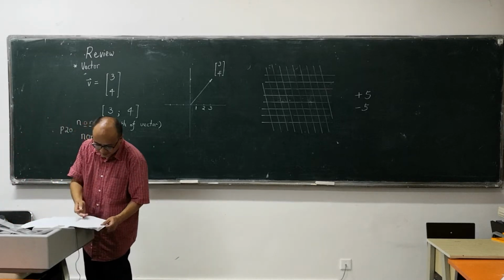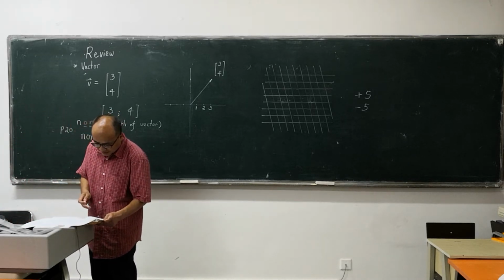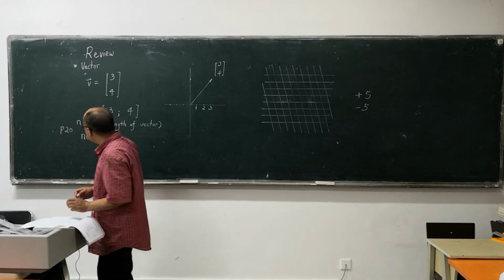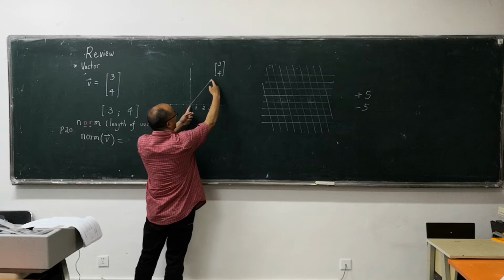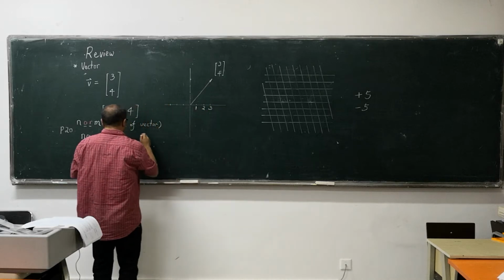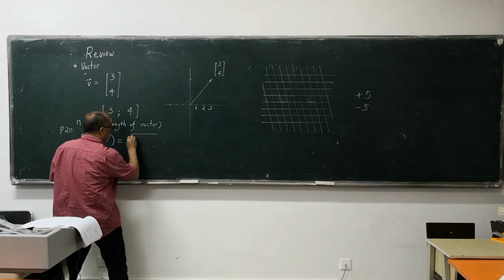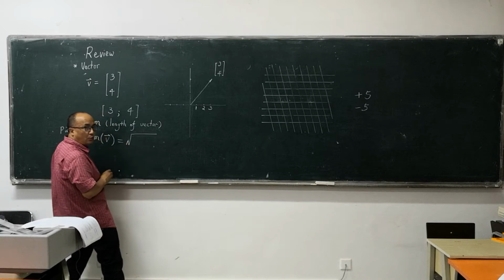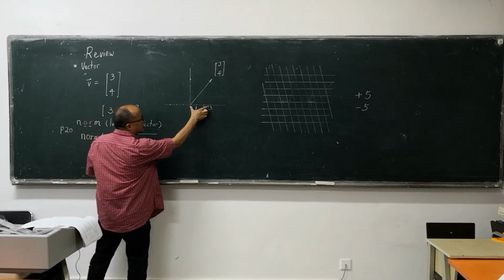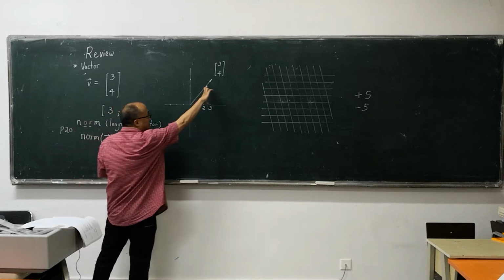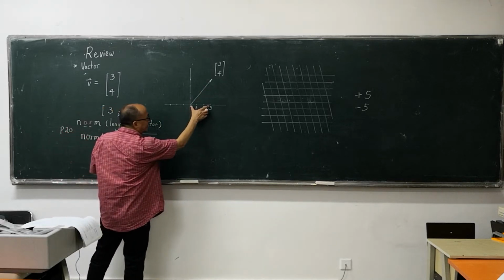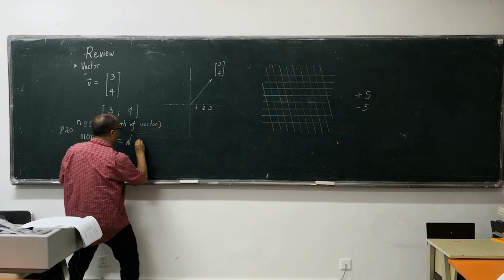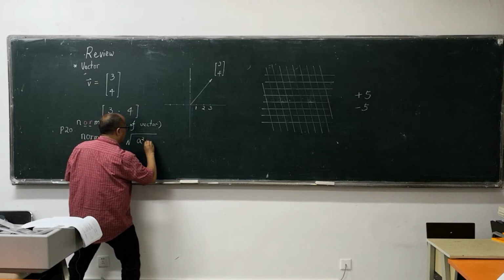Page 20. And for online students, this shows how to calculate this length. It is the square root of this part squared plus this part squared. If we say this is a, it's a squared plus b squared.